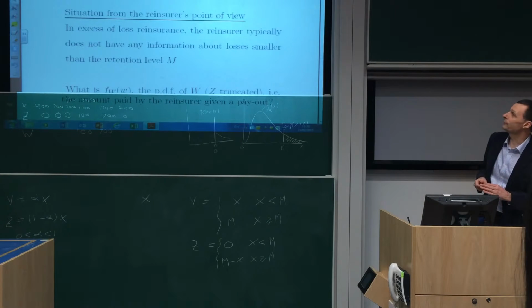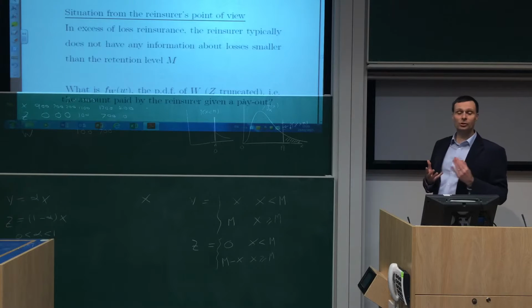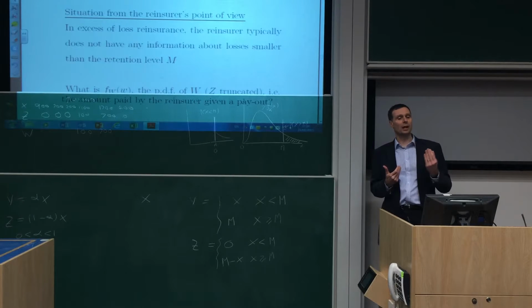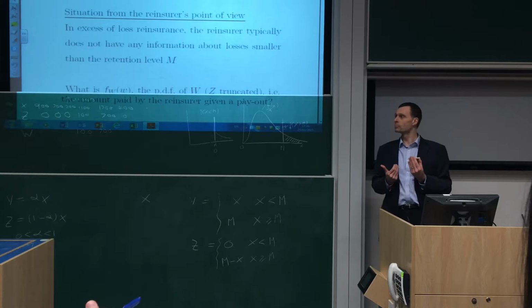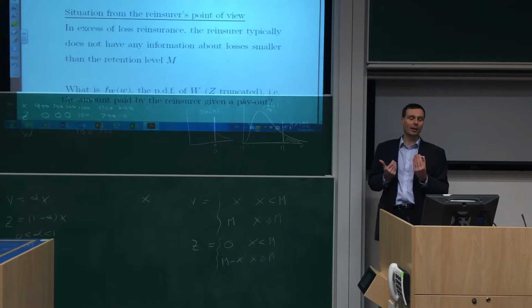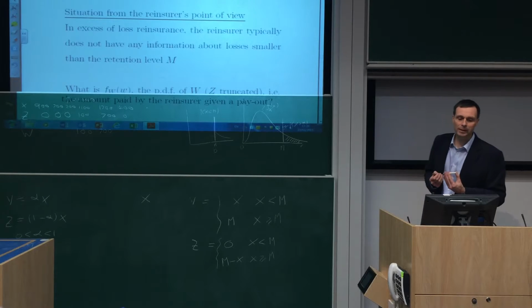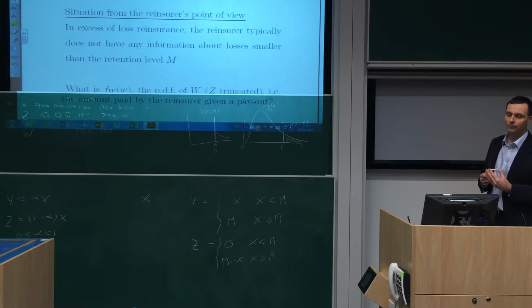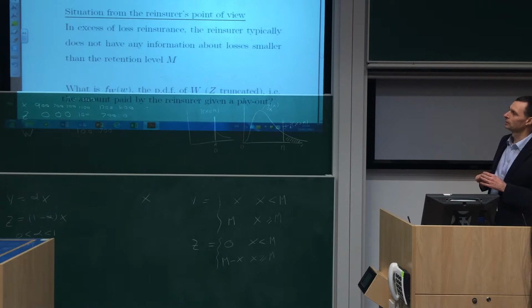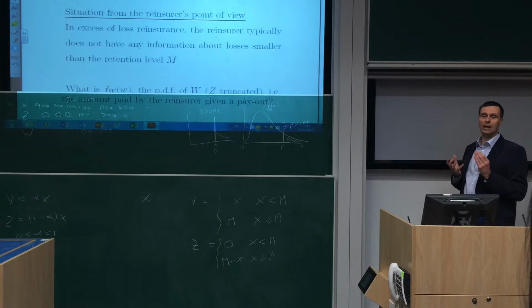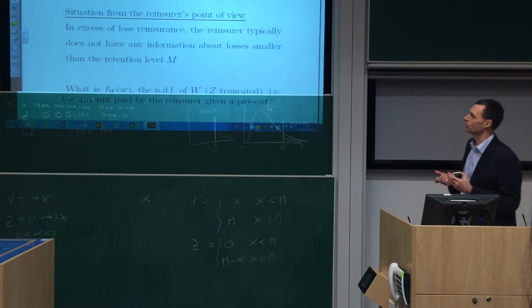Rephrasing that, the reinsurer only has information about the losses bigger than M, so they get a different sample of claims. What is the PDF of W, the amount the reinsurer will see, given a payout? So given the reinsurer has to pay out something, what's its distribution?